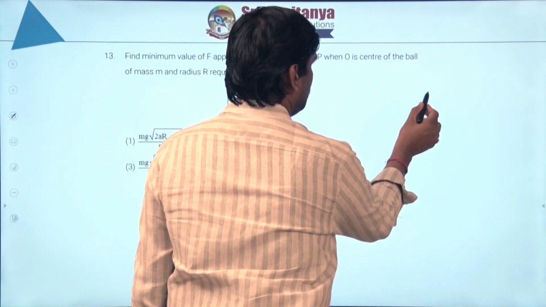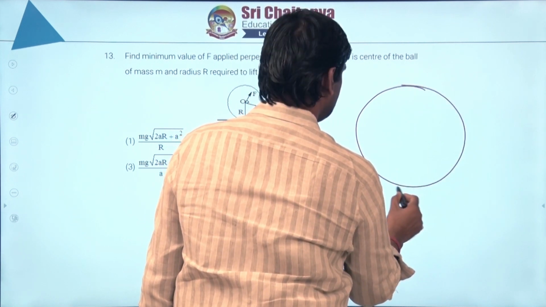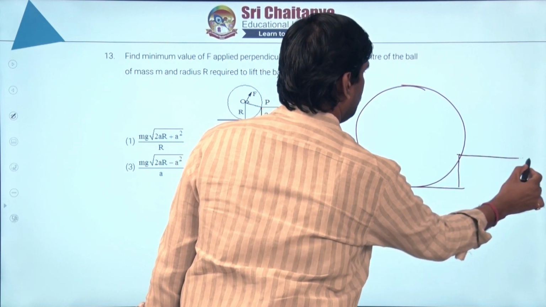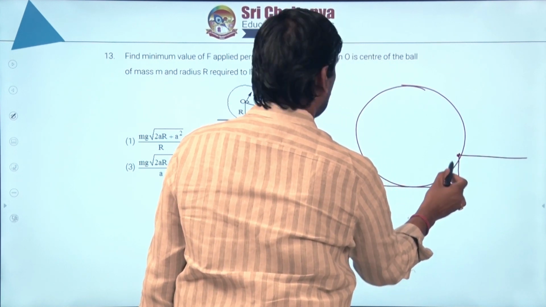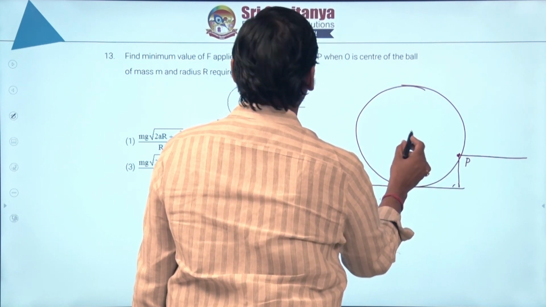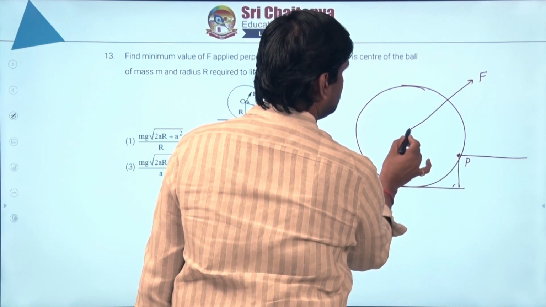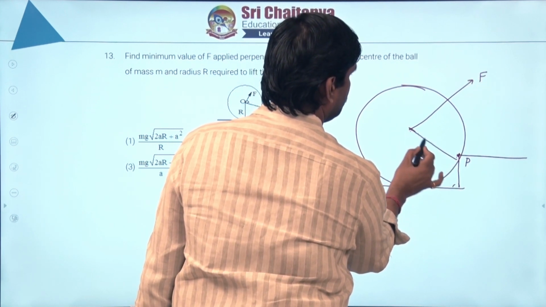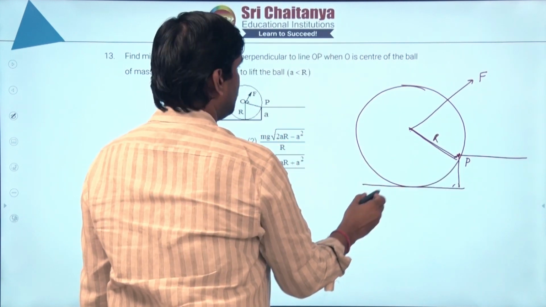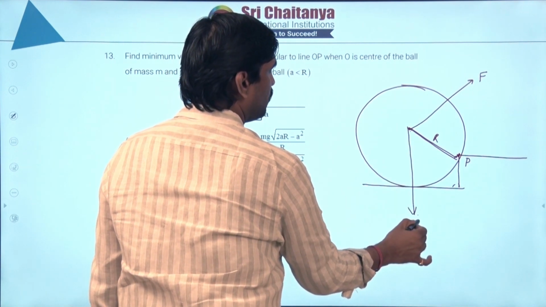Now, in this diagram, about the point P, this is F, whereas this is radius R, this is radius R. Now, weight is acting vertically downwards.